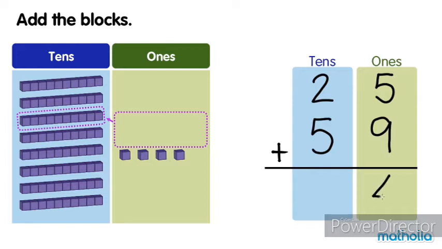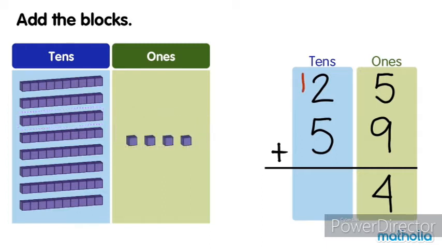We write the 4 ones in the ones column and the 1 ten in the tens column. Now we can add the tens. 1 ten plus 2 tens plus 5 tens equals 8 tens. There are 84 blocks. 25 plus 59 equals 84.